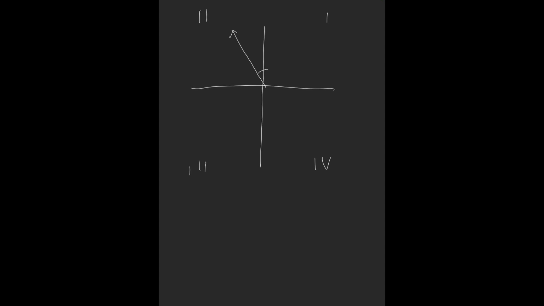But what we're looking for is not theta, but the reference angle for theta. Or, in other words, how far from above the x-axis the terminal arm is. So what we're actually looking for is the blue part. So let's just say theta is 120 degrees. We know that across a horizontal line, there will be 180 degrees.